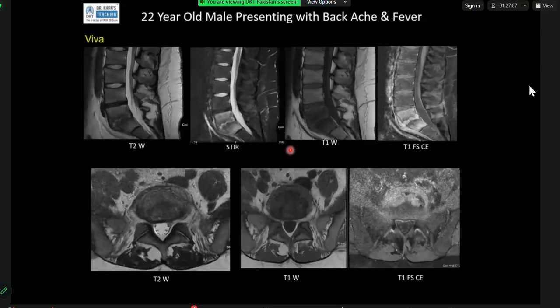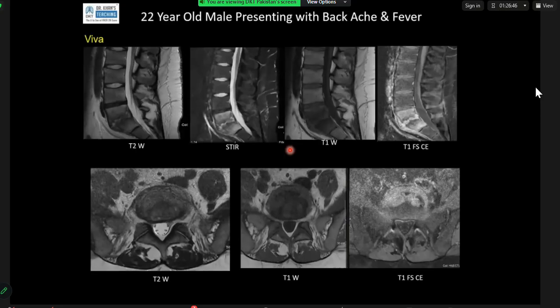The intervertebral disc space also appears hyperintense on STIR and T2, and on post-contrast sequence I could see that there is enhancement of the intervertebral disc space as well as the superior and inferior adjoining vertebrae, and there's some prevertebral collection as well.